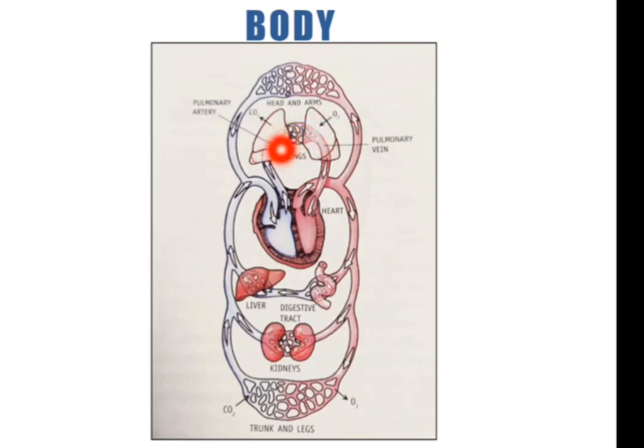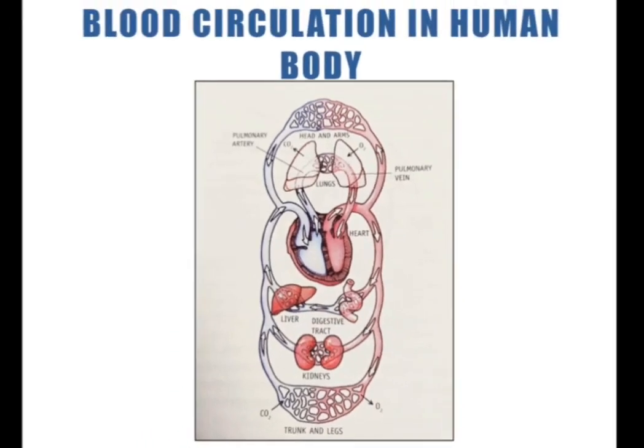So oxygenated blood will come out with this pulmonary vein into the left auricle, then it will be pushed into the left ventricle, then oxygenated blood will be pushed into the artery which is known as the normal artery, and this normal artery will supply the oxygenated blood to the various parts of our body. So this is the circulation of blood taking place in the human body.